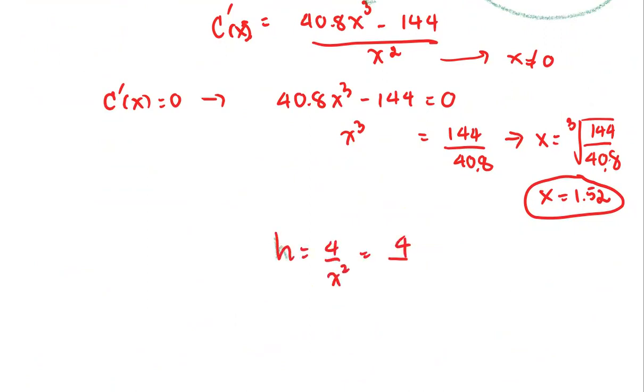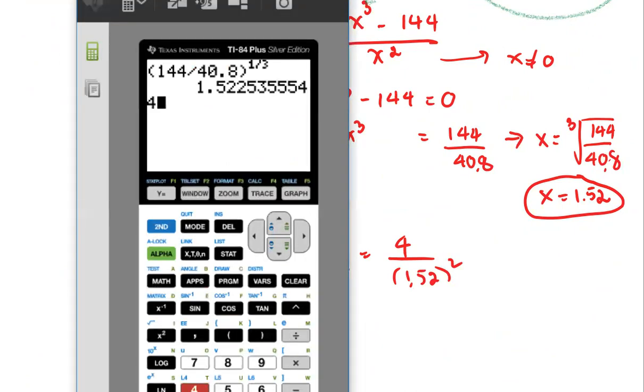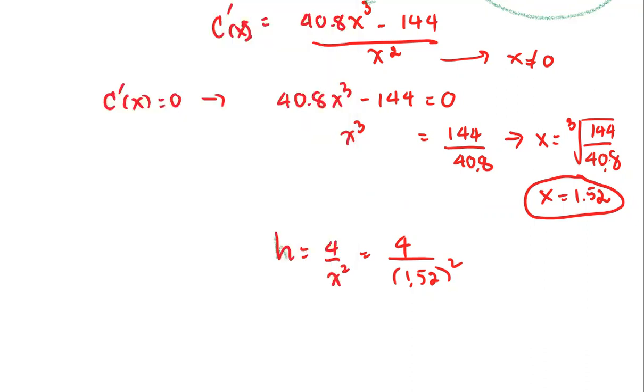So that means h is 4 over the quantity 1.52 squared. Put in a calculator: 4 divided by the quantity 1.52 to the second power, that's 1.73. That's the final answer. Yes, that's the height, so 1.73.